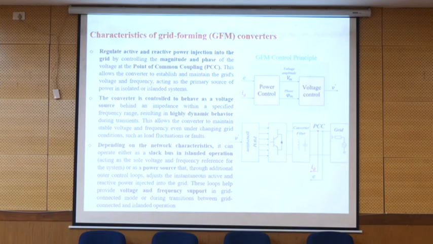And the other thing is that you are going to create a power plant, and we said that we use the grid forming converter. Then the grid forming converter should follow the grid. It means that the grid has a situation, and at the end you are going to connect this power plant to the grid.